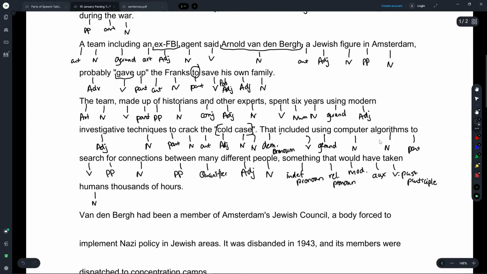Humans, nouns, thousands, quantifier, of, preposition, hours, noun. The question is, is included an auxiliary verb? It's a good question, but in this case it's not an auxiliary verb because it cannot be an auxiliary, because we only have 3 auxiliaries: to be, to have, and to do. So it's not an auxiliary here.